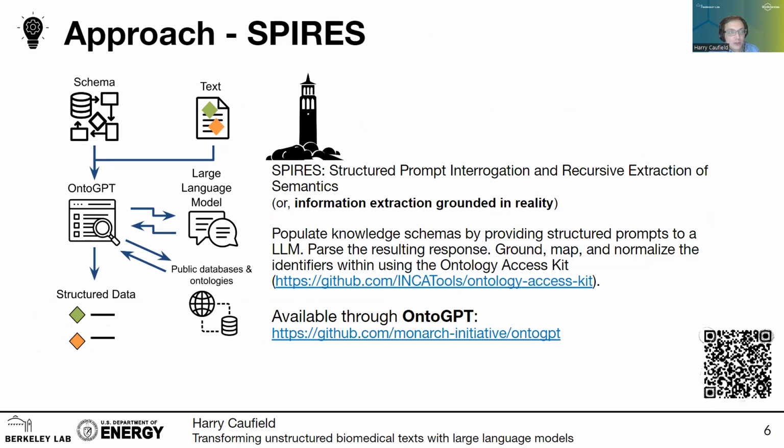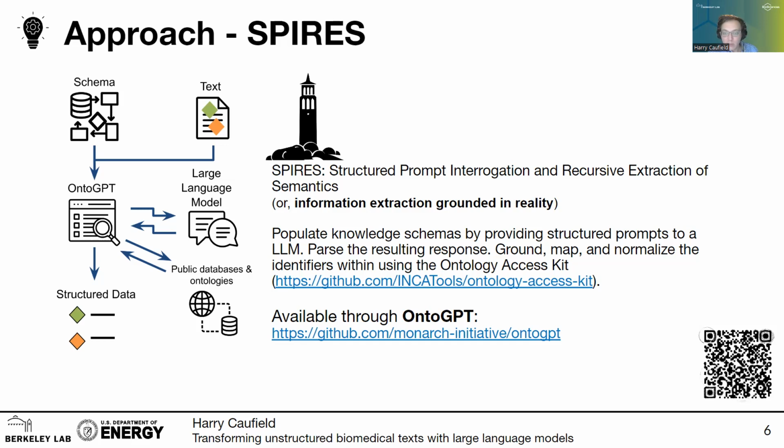So in SPIRES, you start with some kind of text that you want to extract information from, and you couple it with a knowledge schema. And again, this can be one of these complex schemas with nested subclasses where you actually want to link concepts back to some kind of external identifier. You pass both of these as part of a structured prompt to a large language model, in this case, GPT-3 or 4.